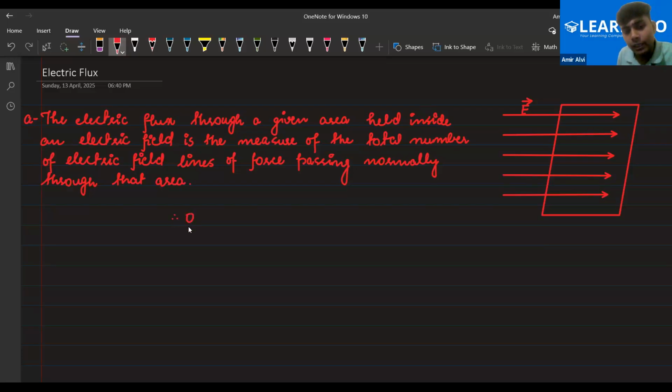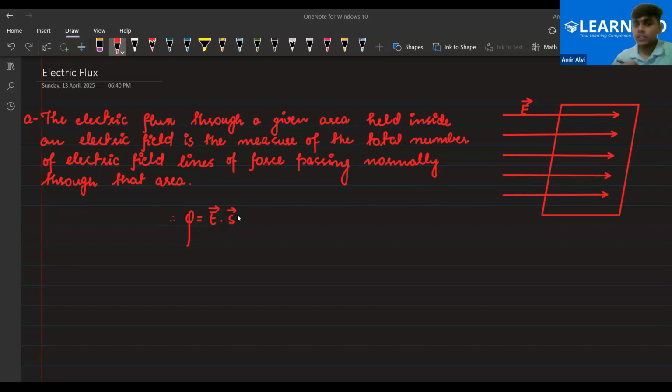How do we denote electric flux? It is denoted by phi. And the formula is the dot product of the electric field vector and the area vector. Yes, sir.